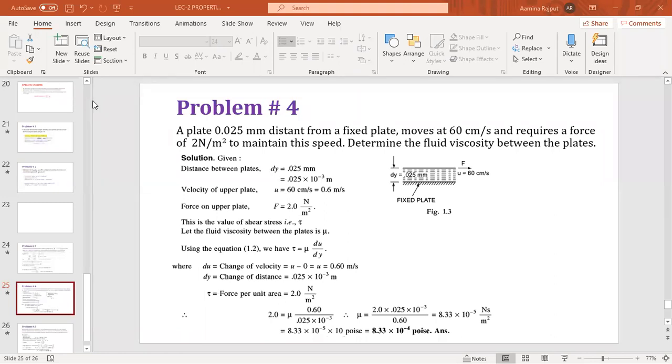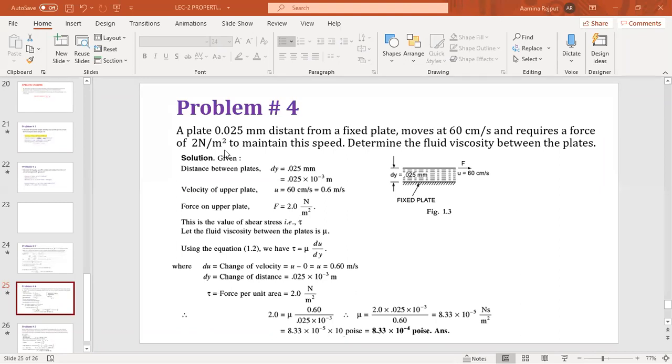So the fourth numerical: a plate 0.025 millimeter distant from a fixed plate moves at 60 centimeter per second and requires a force of 2 Newton per meter square. So from here you can see it is Newton per meter square. The units dictate that it is stress.